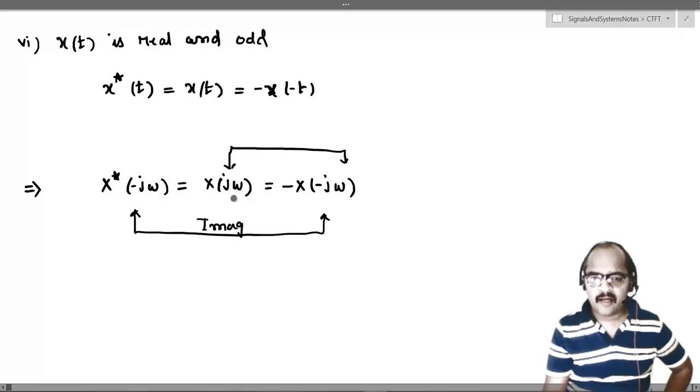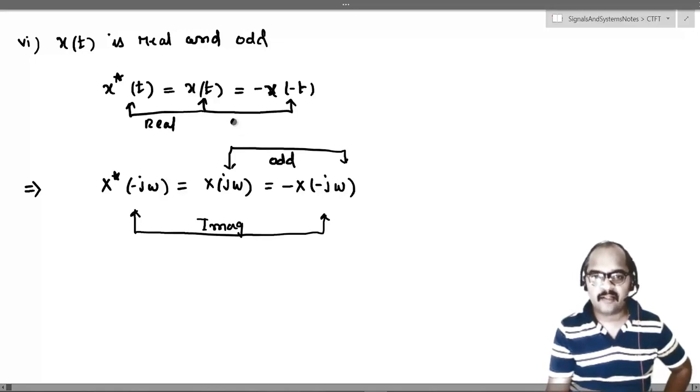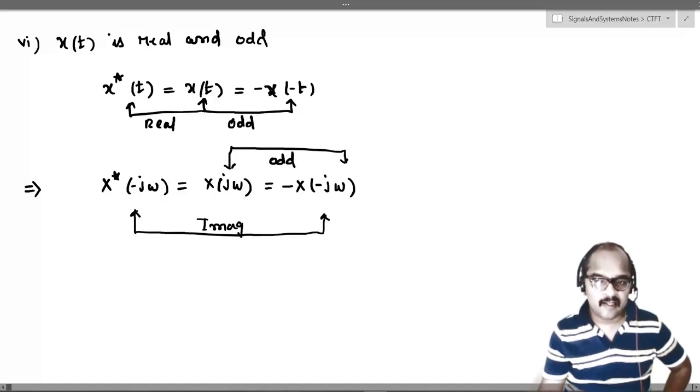We get x of j omega to be minus x of minus j omega. That implies that the function should be odd. So if the signal is real, that is x star of t equal to x of t, and x of t equal to minus x of minus t means odd. So if the signal is real and odd, then the Fourier transform would be imaginary and odd. Okay, if the signal is real and odd, then the Fourier transform is what? Imaginary and odd.